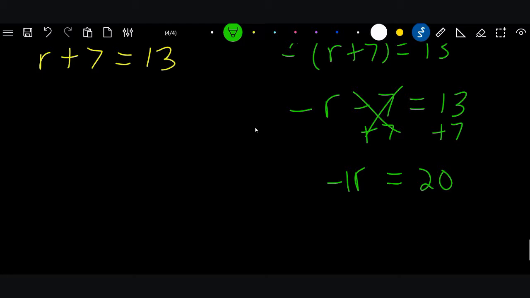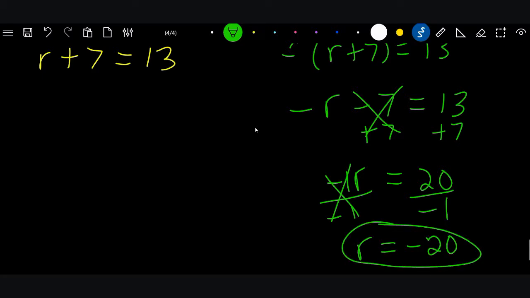There's a 1. So we need to divide by a negative 1 on both sides. If you divide by a negative 1, that will cancel and give you positive r, or just r equals, and then this is going to give us negative 20. So there's one solution. That's the negative side of the solution.